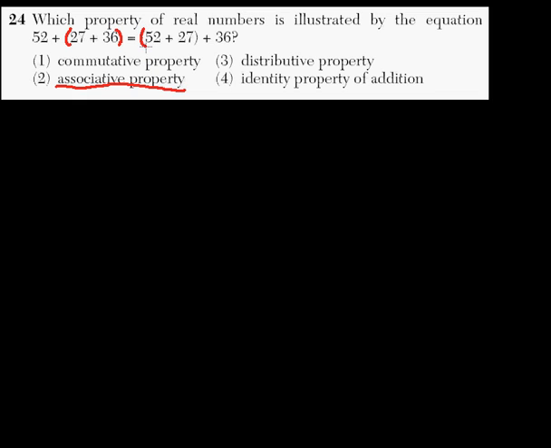Then we're associating these two numbers. And you get the same thing, because if I have $52 and then I add to it the sum of $27 and $36, I have the same amount of money as if I had my $52 plus my $27 first, and then I added $36 to it. Again, this is a definition problem. There's no real math going on here. You just have to know the definition.